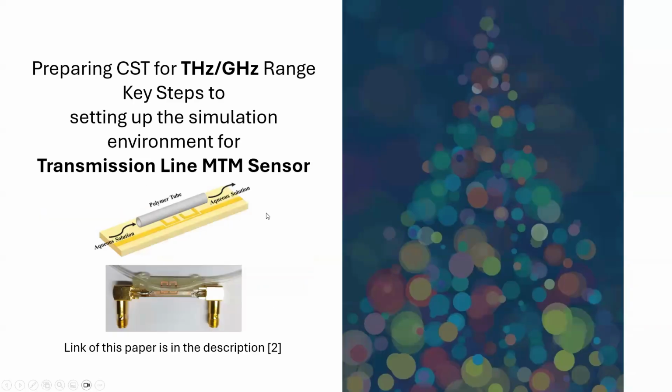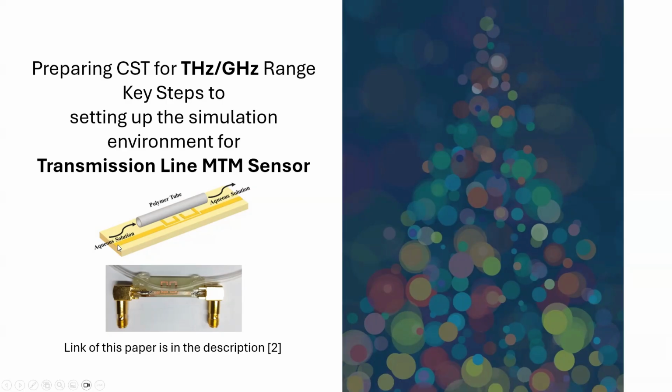After that, I can see that this is the transmission line setup, how we are going to simulate a transmission line based metamaterial. Actually, a transmission line based metamaterial is similar to an antenna. First, you design a transmission line, then you place a metamaterial or a resonator in a desired position near the transmission line, and then you observe the response of the transmission line itself.